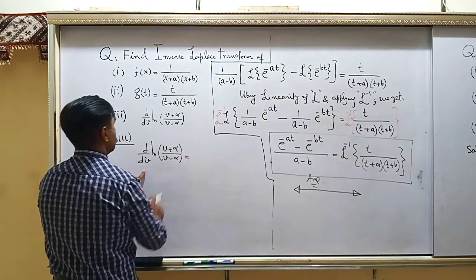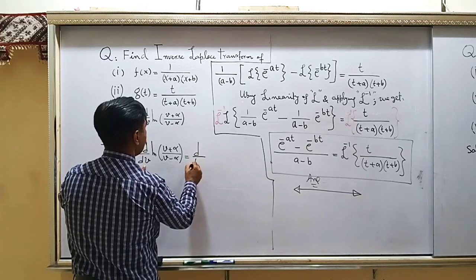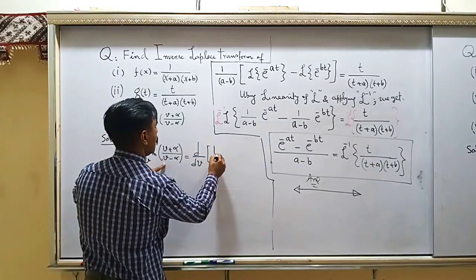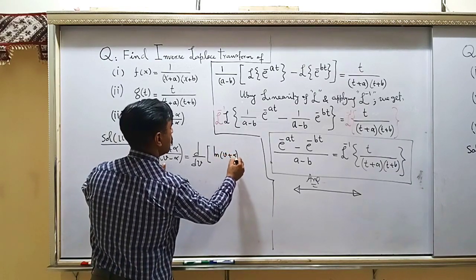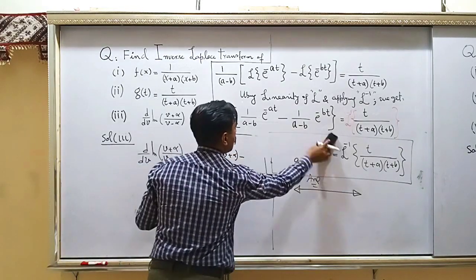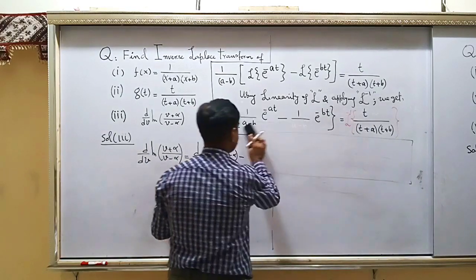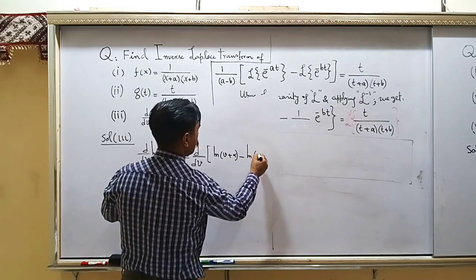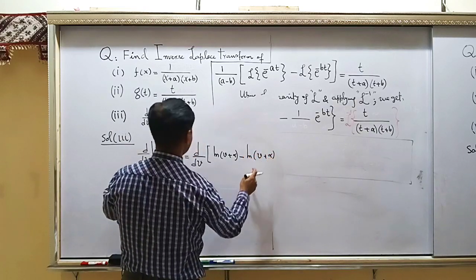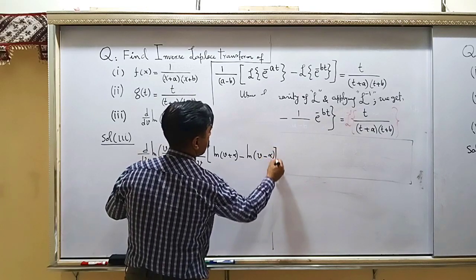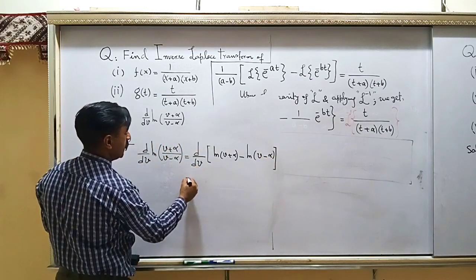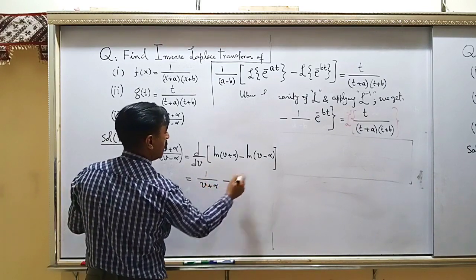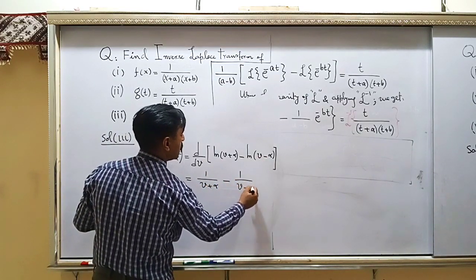Now, apply the logarithmic property first so that you get a little simplification. This is log of numerator minus the log of denominator. This is a property of the logarithmic function. So minus log of v plus alpha, v minus alpha, right? Now take its derivative. So log will give you derivative 1 over v plus alpha, and it will give you 1 over v minus alpha.